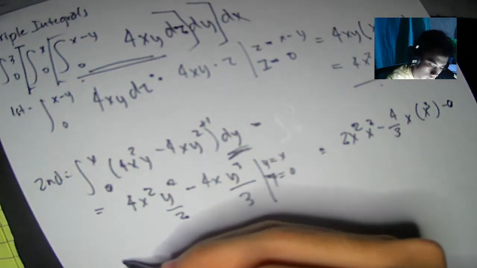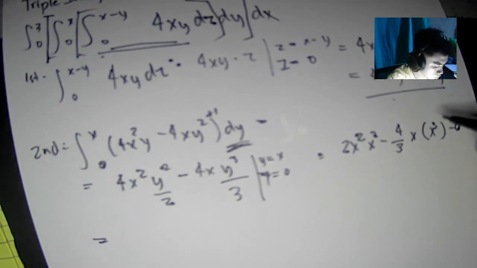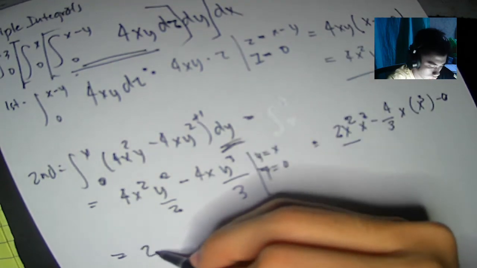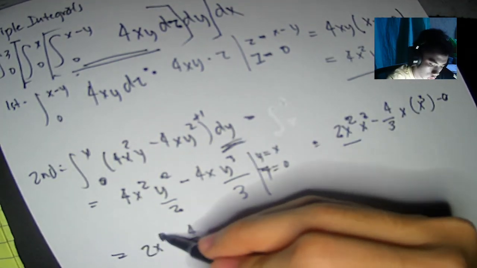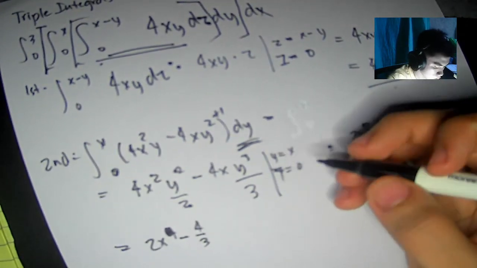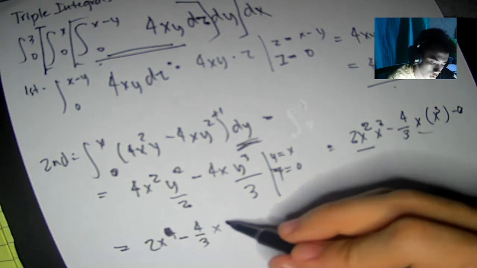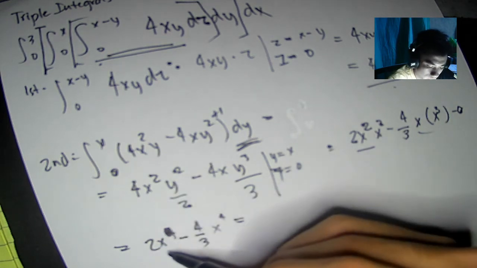I think we'll combine these two. So 2x to the fourth minus 4 thirds. This is 4. So 4 thirds, and x. So multiply this one. Let's combine the same terms here.